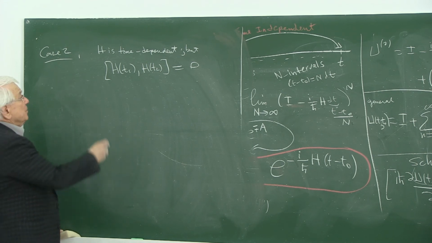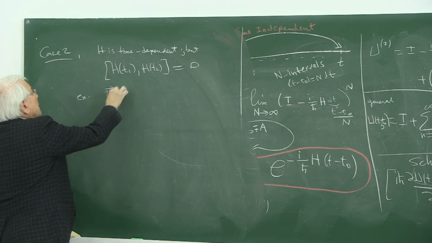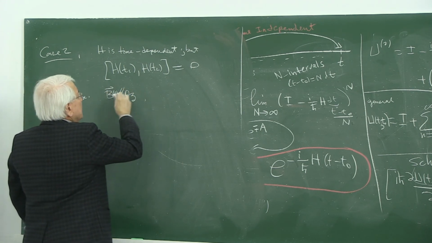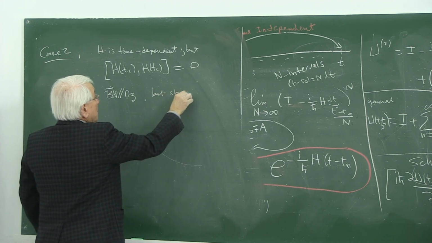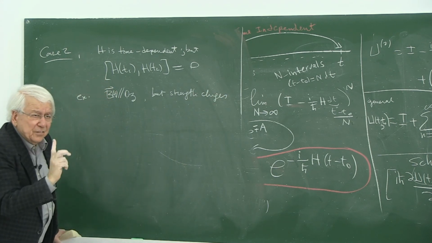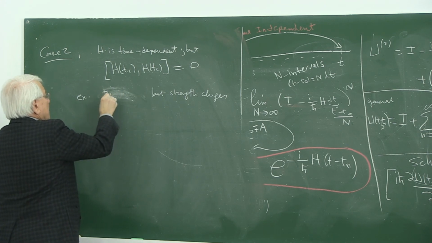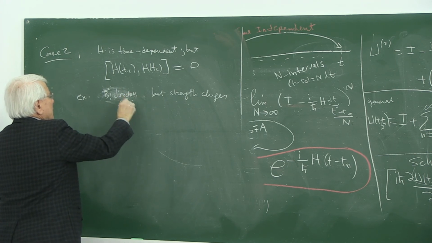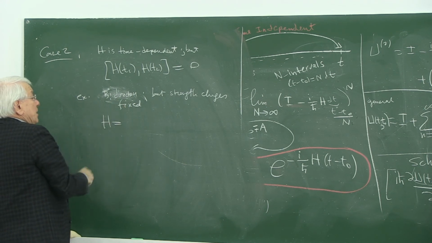Well, in that case, for example, B is along z, but B(t). Its direction is fixed, but its strength changes. What is the Hamiltonian for an example of that sort?